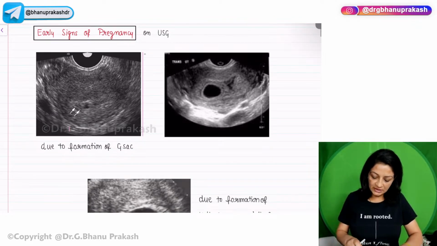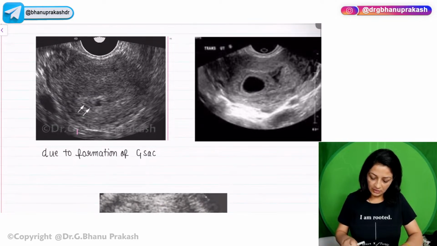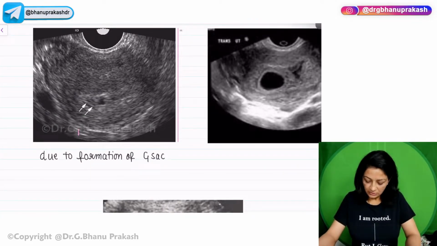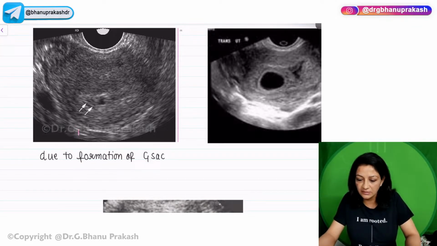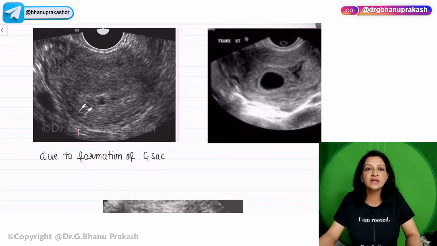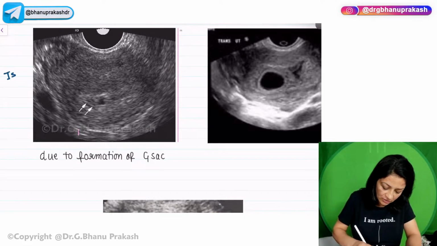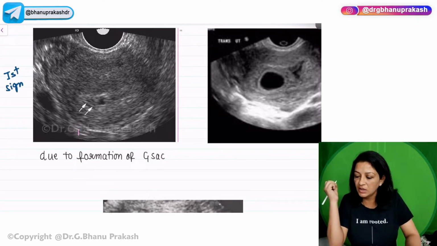So you can see the ultrasound image clearly. The first one is due to the formation of the gestational sac. So what is the sign? Due to the formation of the gestational sac, this one is the first sign of pregnancy on ultrasound.